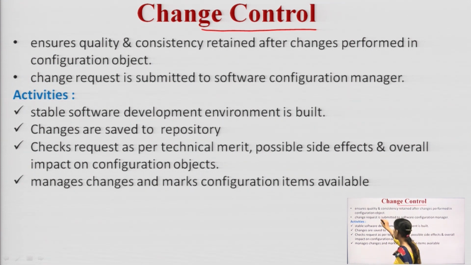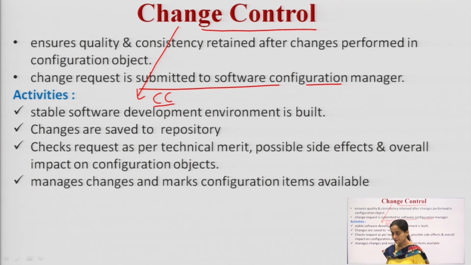The change request is submitted to the software configuration manager. The different activities of this CC are: the stable software development environment is being constructed. Then these changes are being saved to the repository.